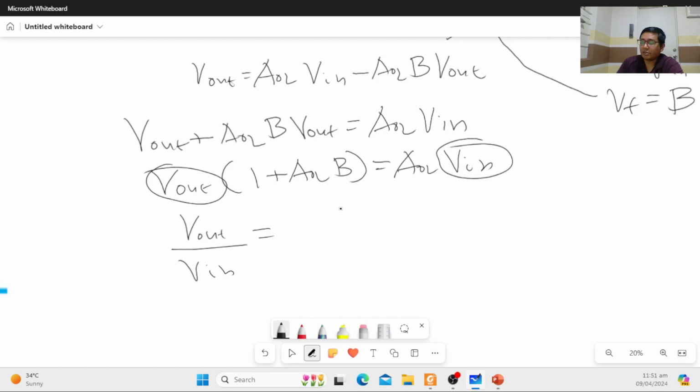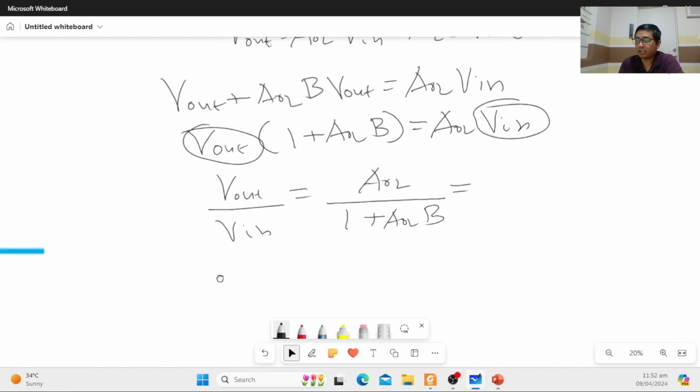So that is equal to the open loop voltage gain divided by 1 plus open loop voltage gain times the attenuation. So, alam natin na open loop voltage gain, sobrang taas yan. So, probably nasa 100,000 mahigit yan sa isang operational amplifier. So, depende kung anong type or model ng operational amplifier yung gagamitin natin. But, it is much greater than 1.